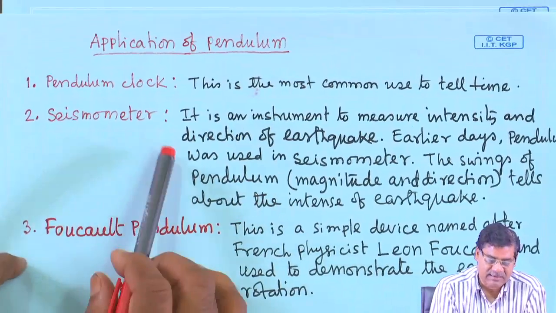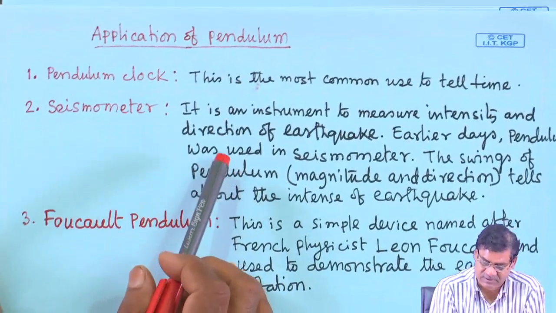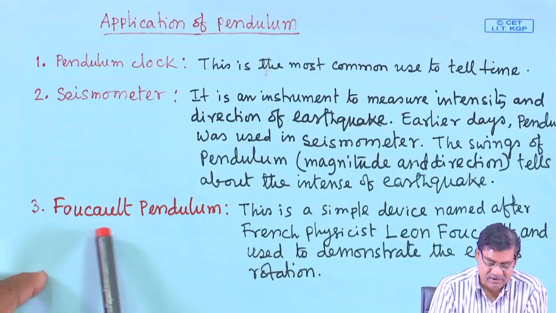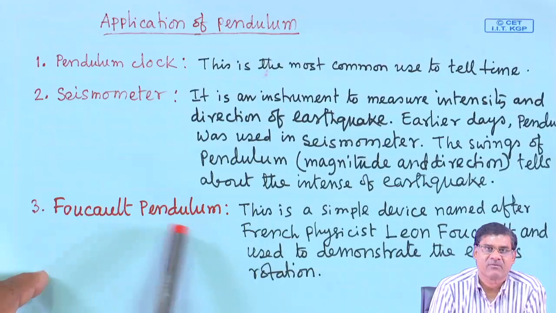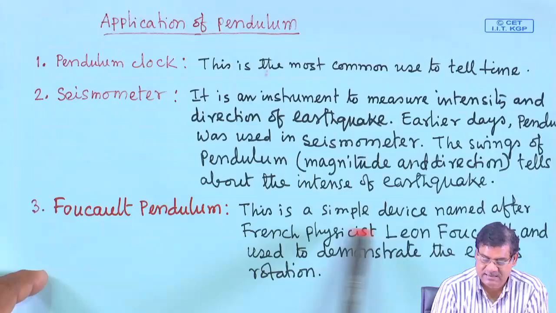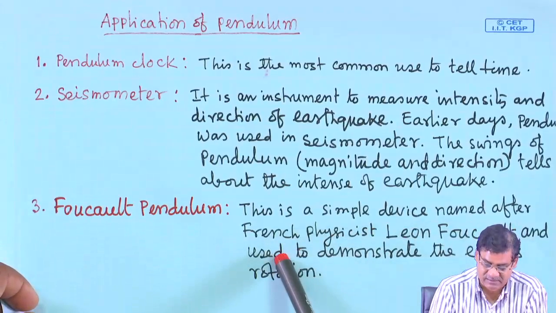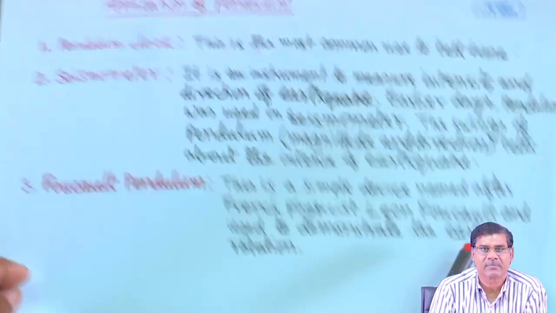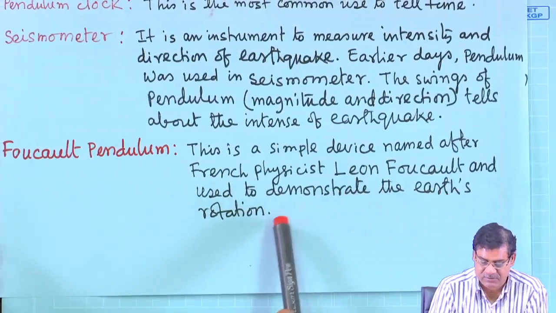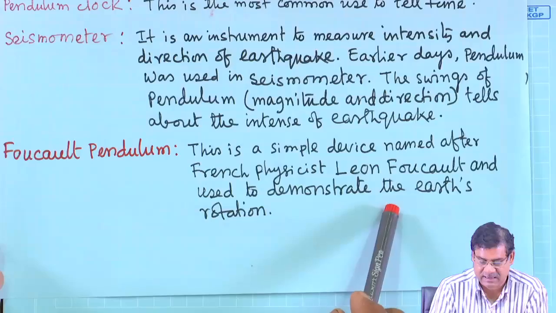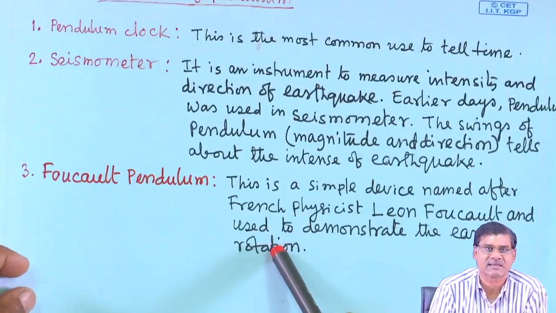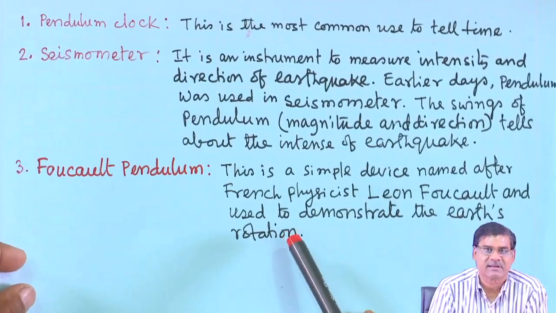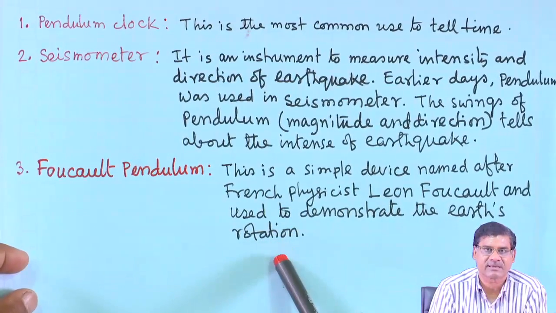So, that is the seismometer where the pendulum is used. Then another application is the Foucault pendulum. This is a simple device named after the French physicist Leon Foucault, and it is used to demonstrate the earth's rotation. This is a very interesting, simple device.